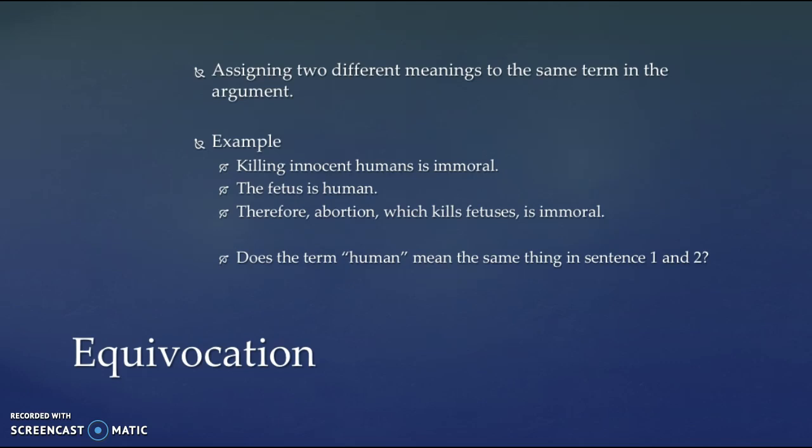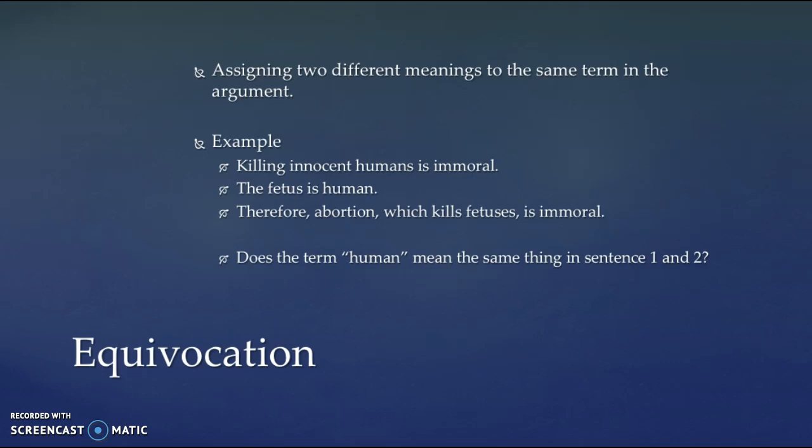The fetus is human is a more controversial statement. Here, we might mean simply that the fetus has come from a human or that it is a human fetus, but we do not mean necessarily that it is a human being, or the more interesting claim that the human being is a person.